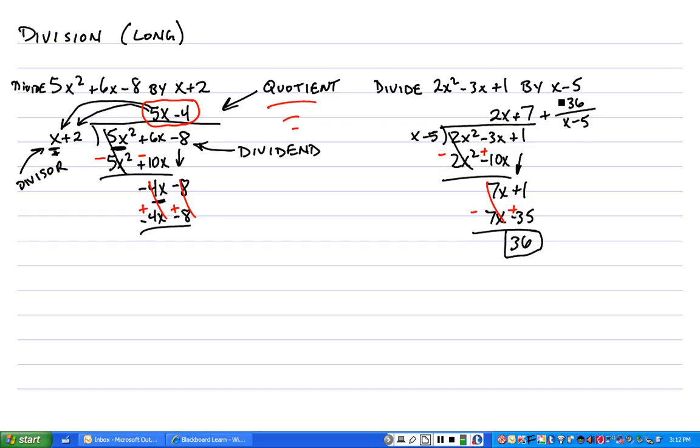That's how you indicate a remainder, by saying what you actually got for the remainder over the divisor, writing it in fraction form. If this was a negative 36, we'd write a minus sign. So there you go. That's how you do a problem that has a remainder.